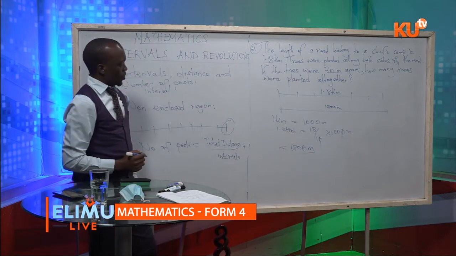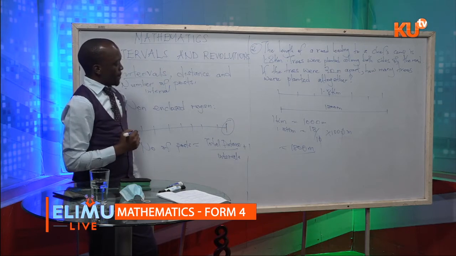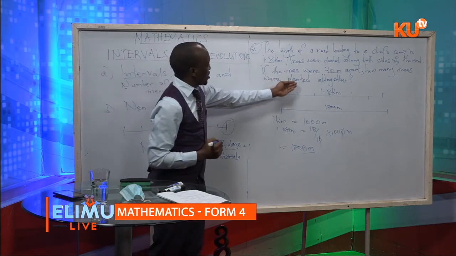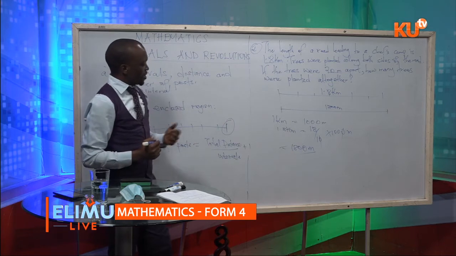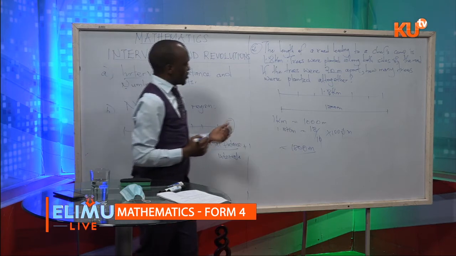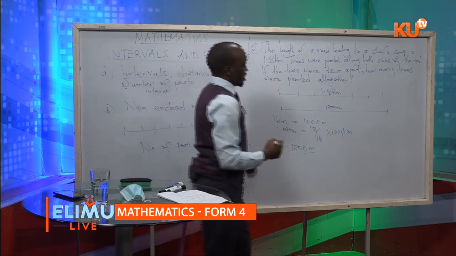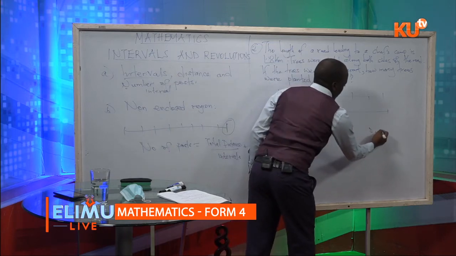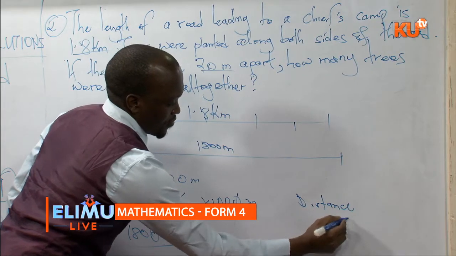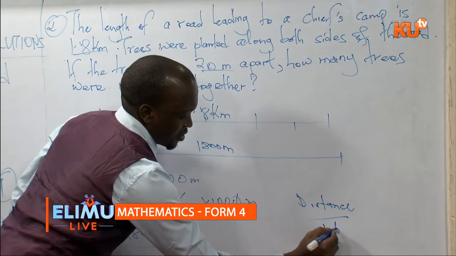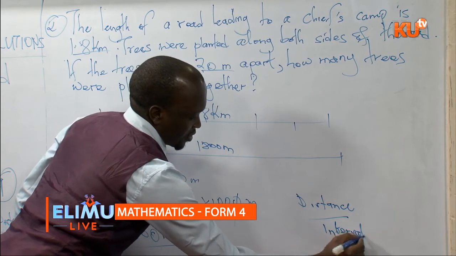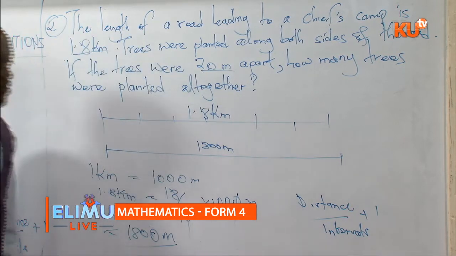So, to find the number of trees that were planted here, we shall simply apply the formula. We say that if it is a straight line, we take the distance, we divide by the intervals, we add 1.